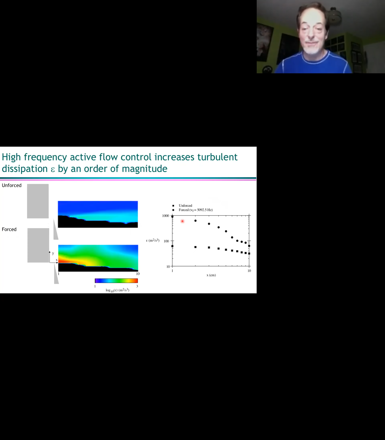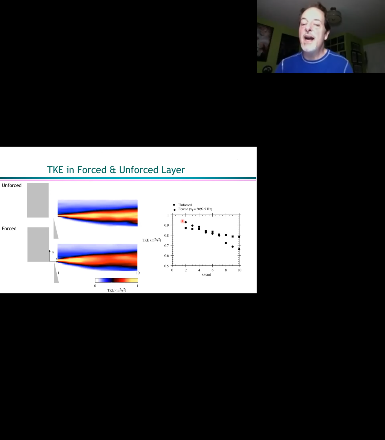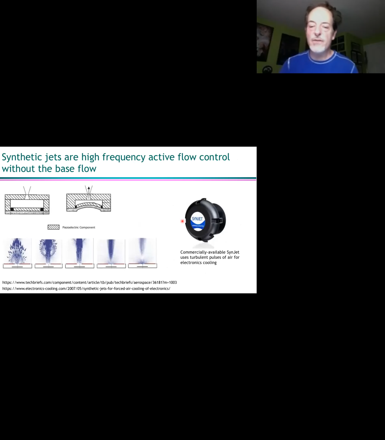It was awful. I don't know what frequency these SynJets run at. I suspect if it was above 20 kilohertz, it would be out of the human hearing range and wouldn't affect you. That's certainly possible with this type of technology.